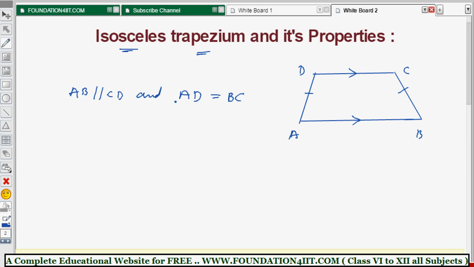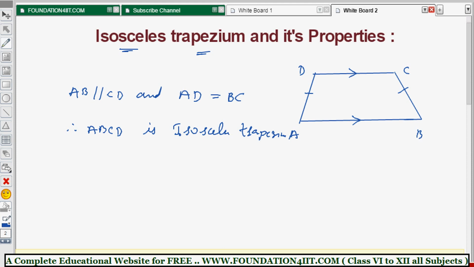The non-parallel sides, that is the oblique sides, are equal. Therefore ABCD we can call an isosceles trapezium.